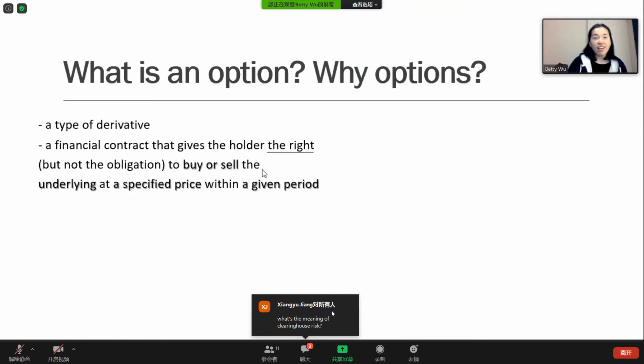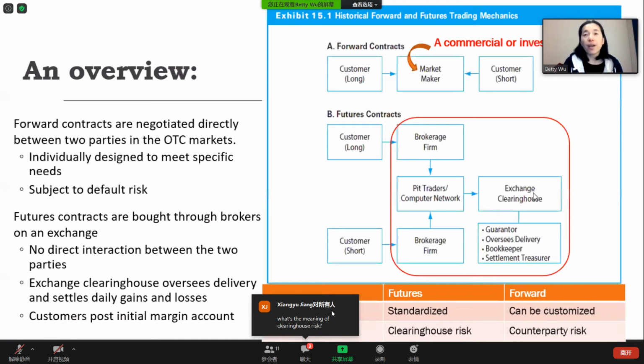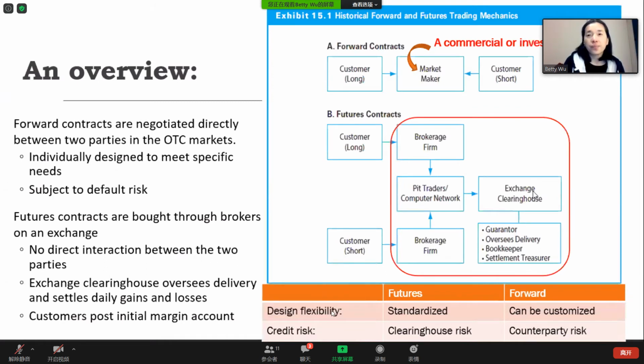Okay, great. What's the meaning? The clearing house? It means that it's really the clearing house that needs to bear the risk, because it's really the clearing house that ensures the trading. So if something goes wrong, the clearing house needs to bear the consequences.